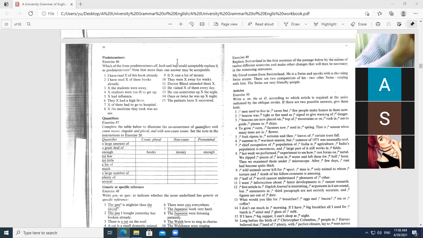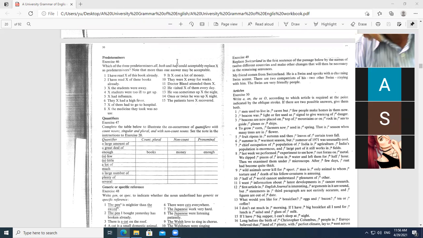Okay. We noticed that in some sentences we can use all the predeterminers, all, both, and half, with the same sentence. Sometimes we use only one of them. Sometimes we can use only two of them. It depends on the structure of the sentence. So we cannot use all these predeterminers with all the sentences.